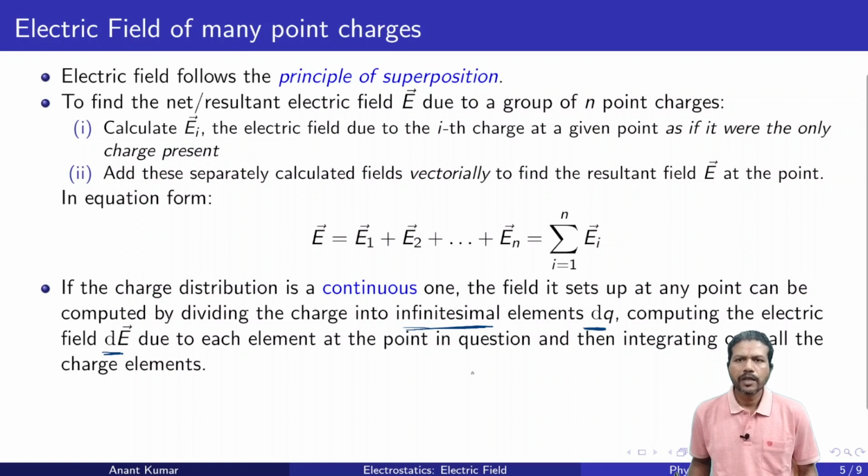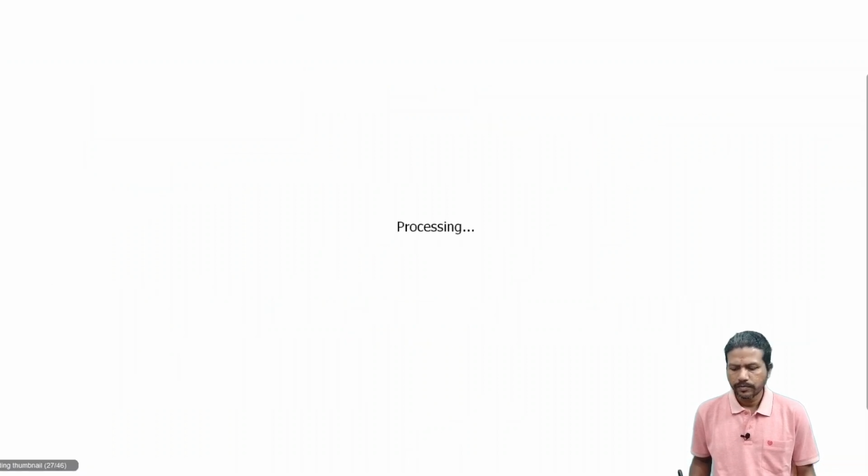When I add up discrete quantities, we have a summation, but when I add a continuous quantity, then we have an integration. So we need to integrate over the entire body wherever charged, all the electric fields dE produced by the elementary point charges. That will be the way to compute the electric field of many point charges. We shall see some examples later on.